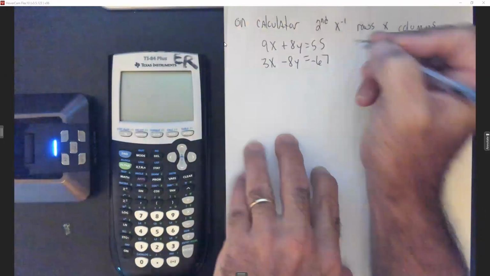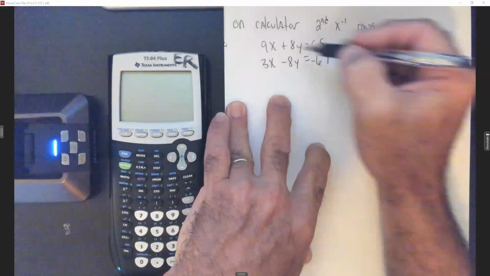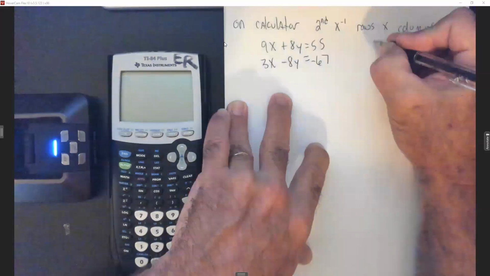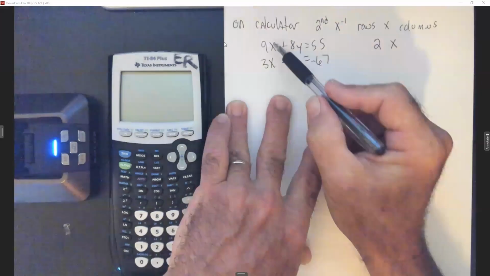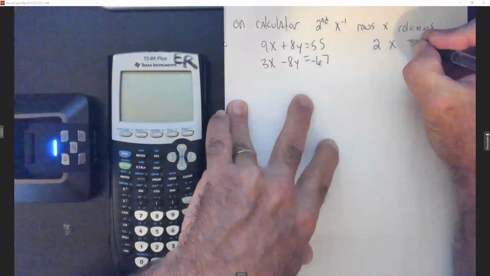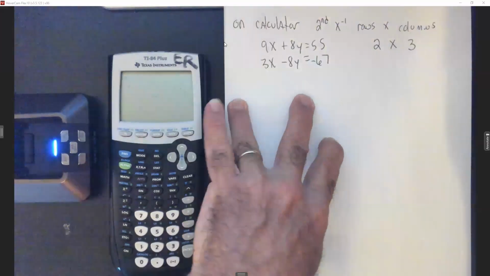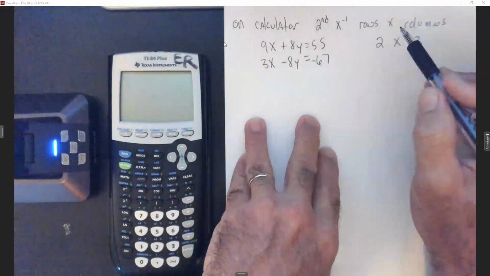So the rows are going across. This one that I have has 2 rows, so when I put it into the calculator, it's going to be 2 rows by 3 columns. So you'll always have one more column than you do rows. So watch what I'm going to do.